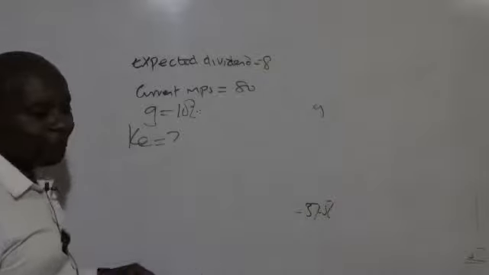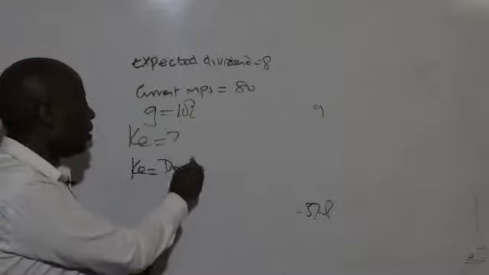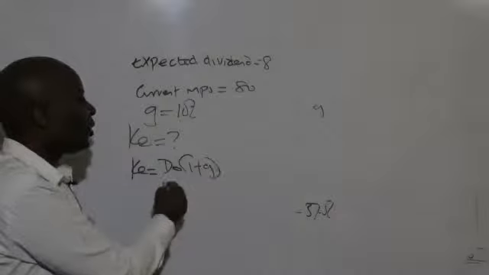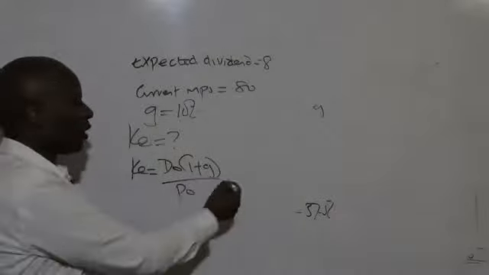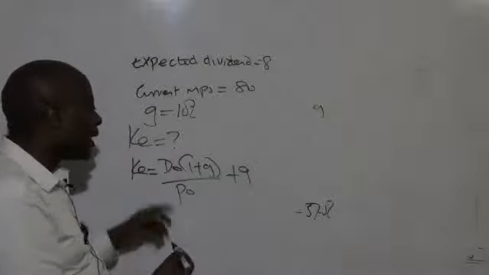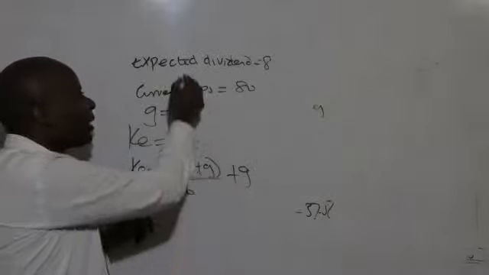Here, I'll write my cost of equity formula: D0 into 1 plus G all over P0. After I do that, I'll remember that this examiner has used the language of expected dividend.